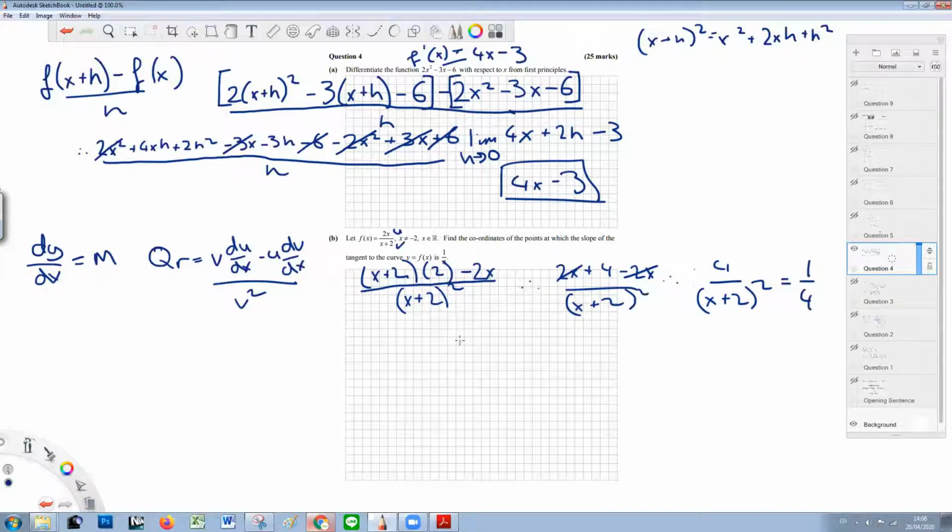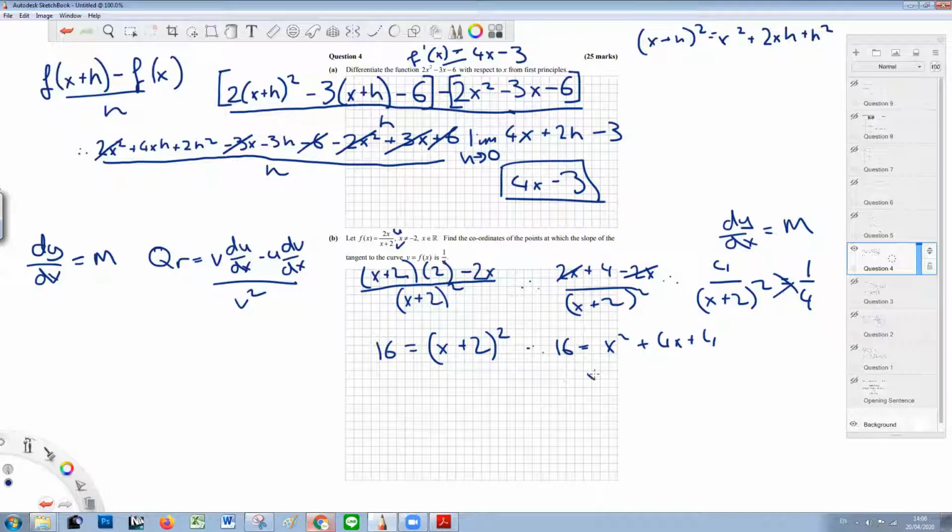Because, as I said, dy/dx is equal to m. So if we let that equal a quarter, we're going to get 16 is equal to (x plus 2) squared, which itself is going to be 16 is equal to x squared plus 4x plus 4.